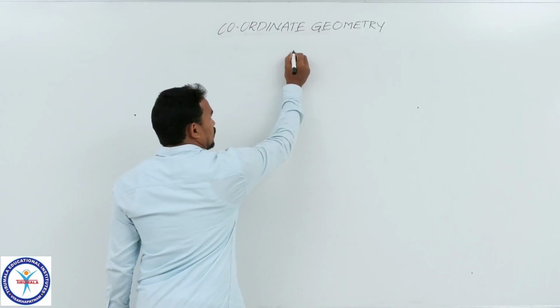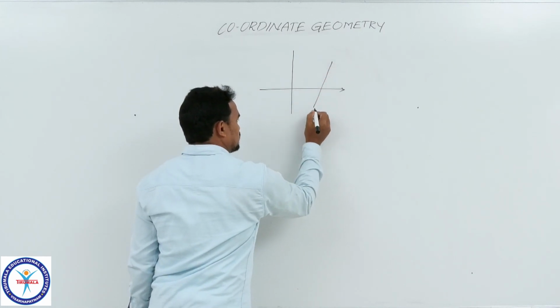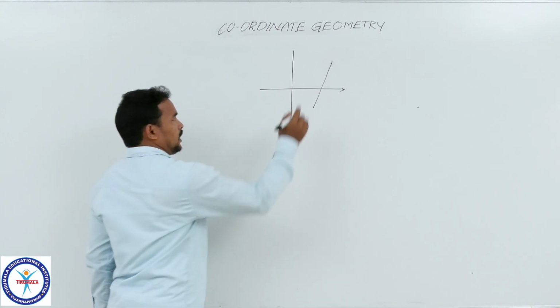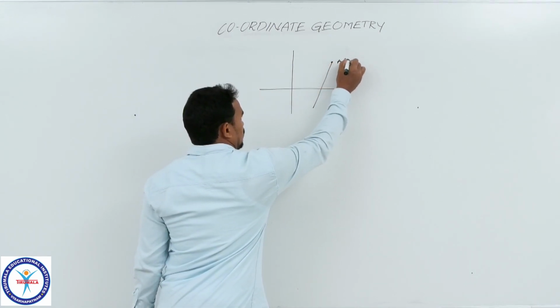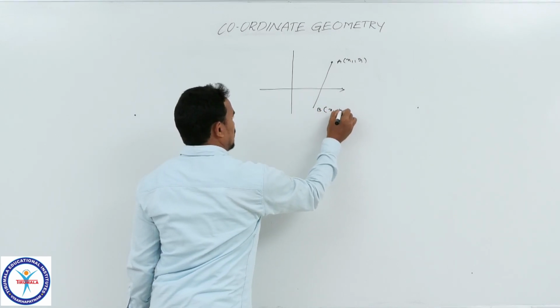Now, the x-axis divides the line segment AB in which ratio? It is point A, x1 comma y1. It is point B, x2 comma y2.